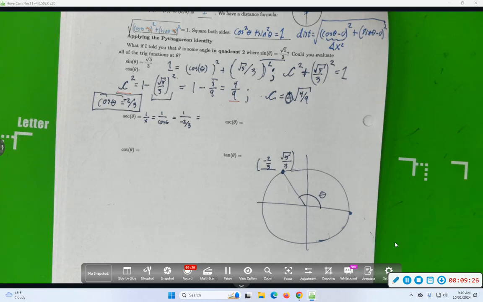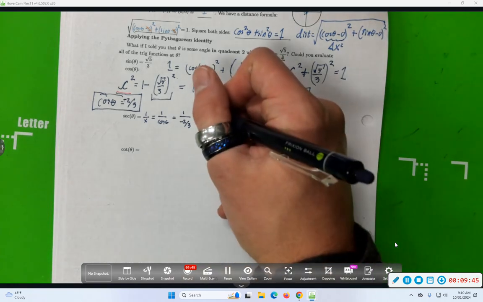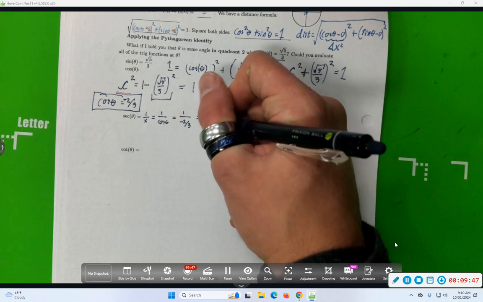How do you feel about simplifying fractions like that? Anyone feel negatively, like you want me to do it? Okay, cool. So it looks like I'm dividing by a fraction. Whenever you divide by a fraction, that means you want to multiply by the reciprocal. So this will be the same thing as 3 over negative 2.